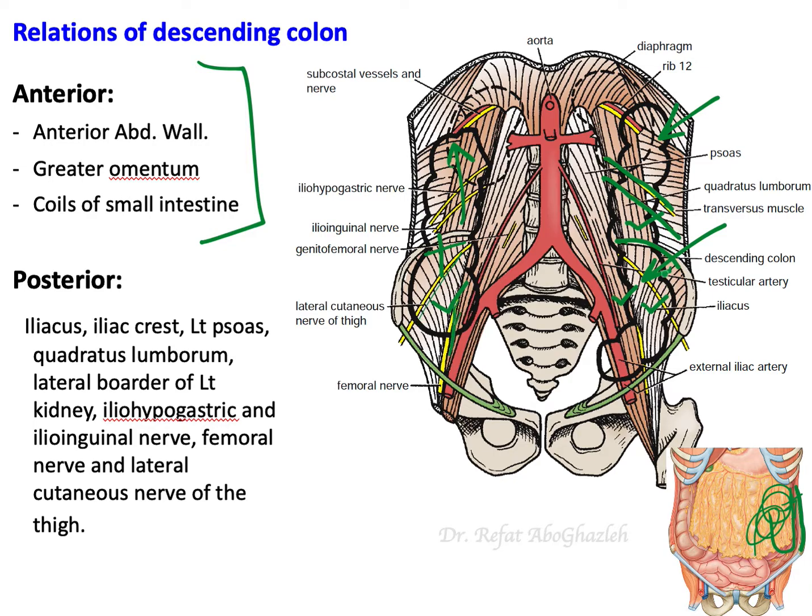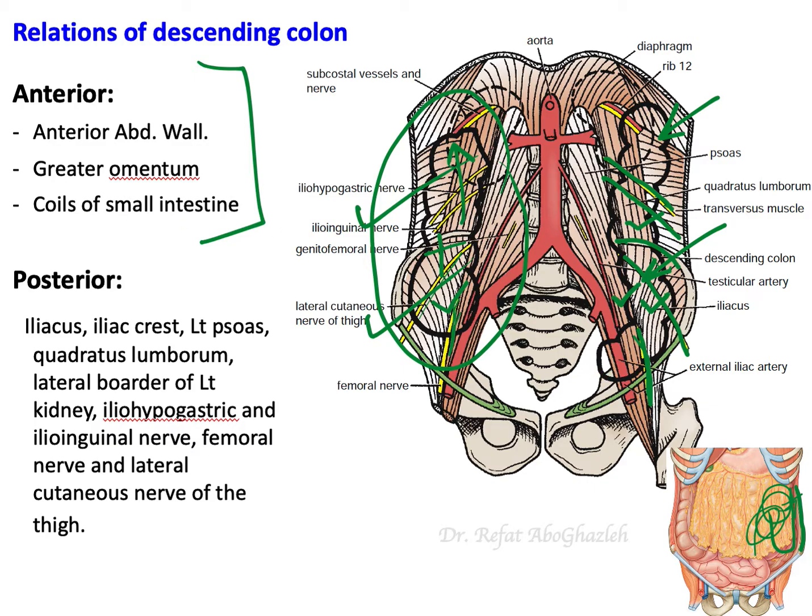Yes, also at the back, we mentioned it's related to iliacus and psoas, and of course this is the left lateral cutaneous nerve of thigh and the left femoral nerve. Similarly, if you know the structures related to the cecum and ascending, you know the structures related to the descending.